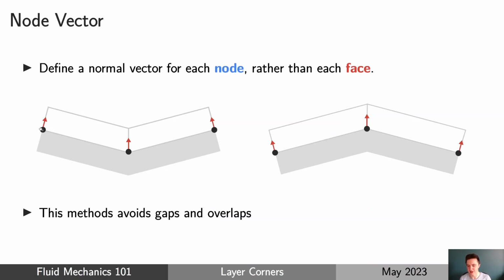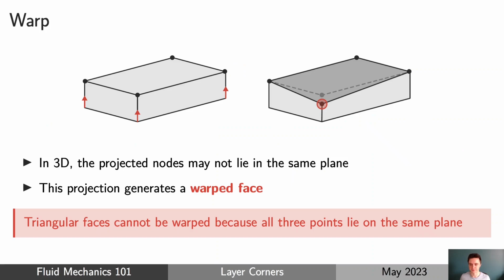And if we project the nodes off the surface rather than the face, that allows us to have a continuous surface each time we project the nodes to create the next layer, and there are no gaps or overlaps. So this is the key thing for this talk that I want you to be thinking about: we're defining the normal vector for the node rather than the face, and using that to project and to create layers off the surface.